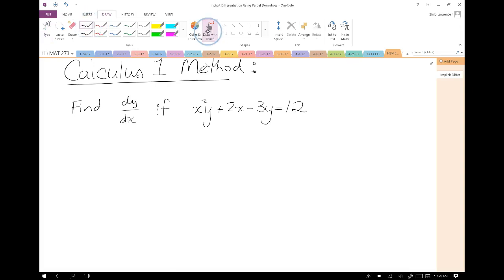What we learned to do in Calculus 1 is to go through and differentiate everything in this function with respect to x. And you always assume that y is a function of x. Y is the dependent variable, the output variable, and x is the independent variable.